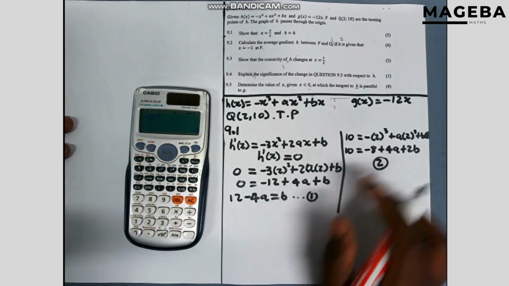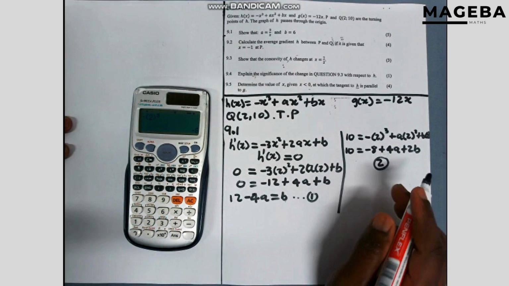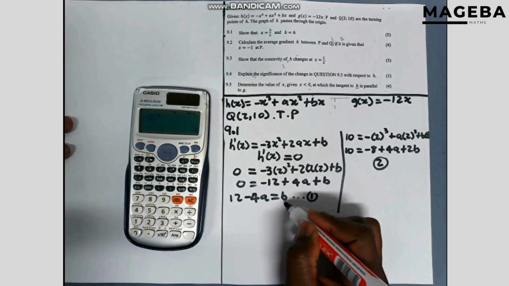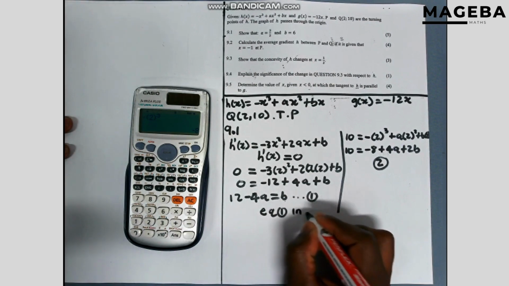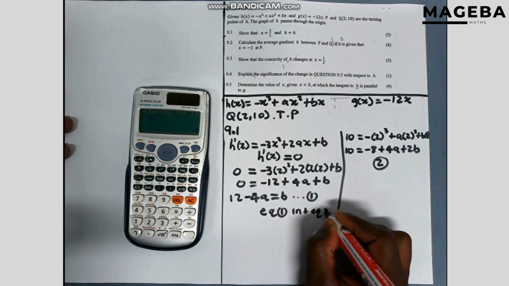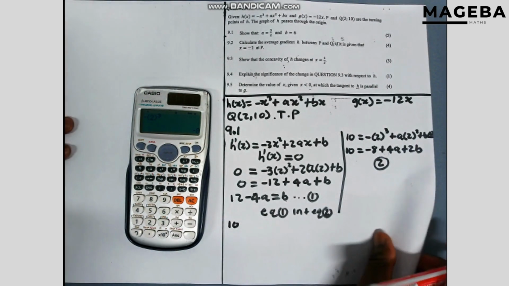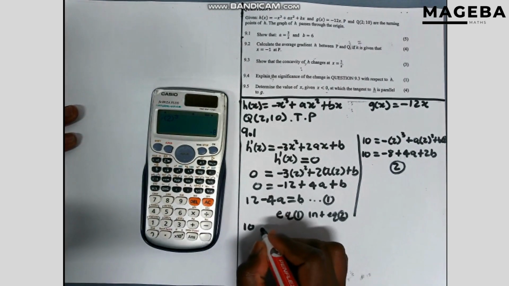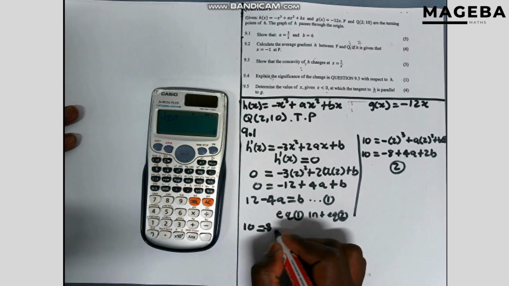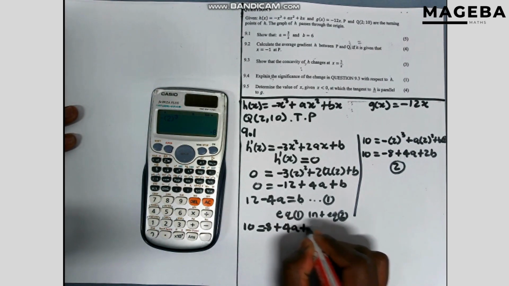We have these two equations. We know b is equal to this. So what we are going to do here is substitute equation number 1 into equation number 2. So we have 10 equals negative 8, and then plus 4a, and then plus 2 times b.